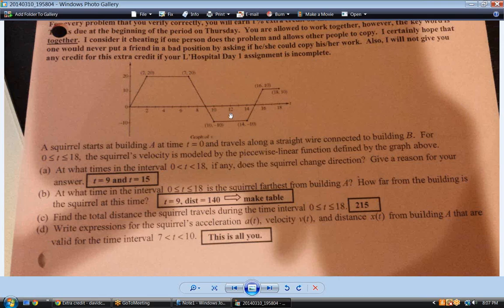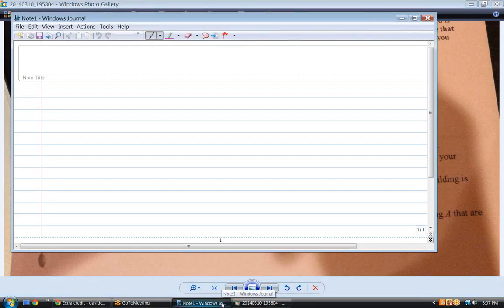And then this is the distance in the other direction, but it's still that if we took the absolute value of this function and integrated it, we would get the total distance traveled. If you integrate a velocity function as is, you get displacement. Now, you understand the difference between displacement and distance traveled? Yep.